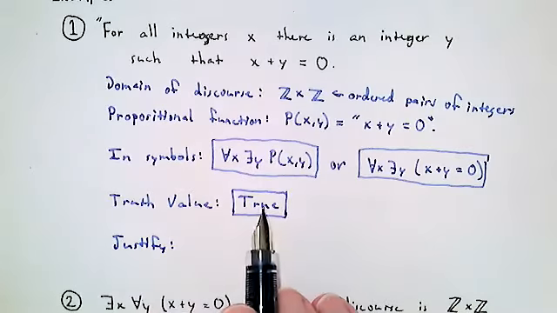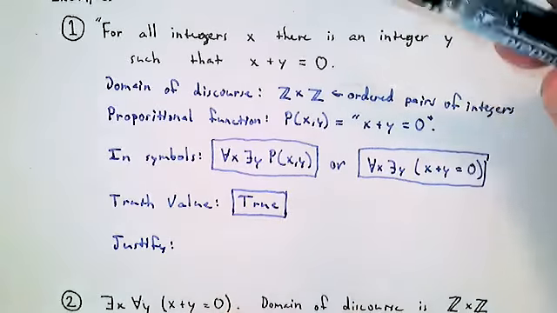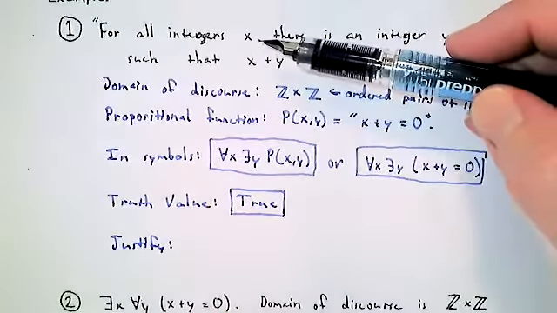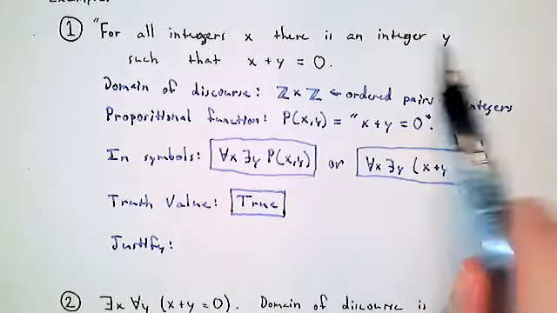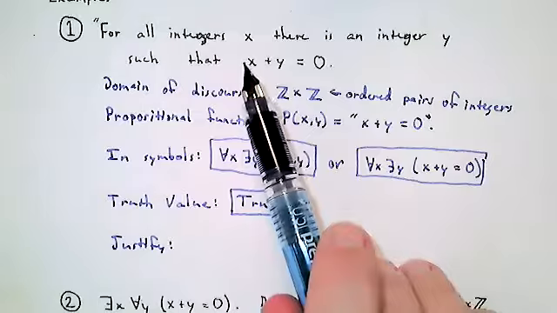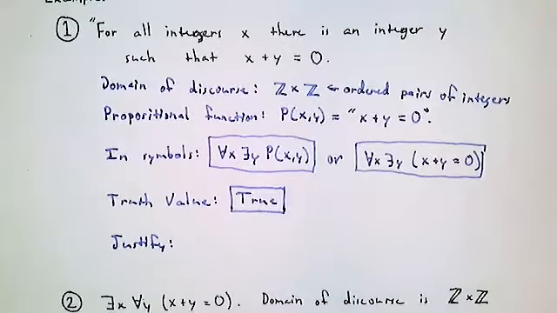Since you're saying this is true, that means that if I give you some integer x, you should be able to tell me an integer y where this equation is true, where x plus y is equal to 0.